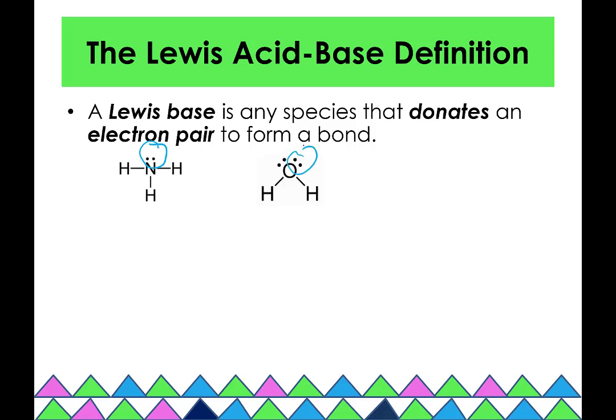Water is a Lewis base because it has that lone pair that it can donate. And even something like bromide, so remember this was a neutral species in Gen Chem 2, but here it has lone pairs that it can donate. So a Lewis base is an electron pair donor.